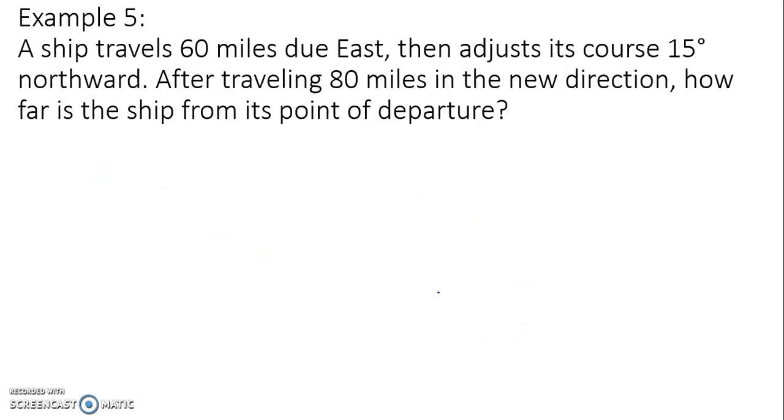On this one as well, take a second and write down the problem and try to draw a picture. So a ship is traveling 60 miles due east. East goes to the right. So I'm going to put my ship starting right here. It goes 60 miles due east. Then it adjusts its course to 15 degrees northward.